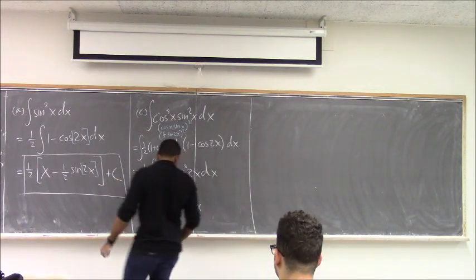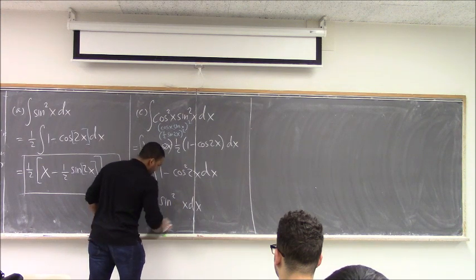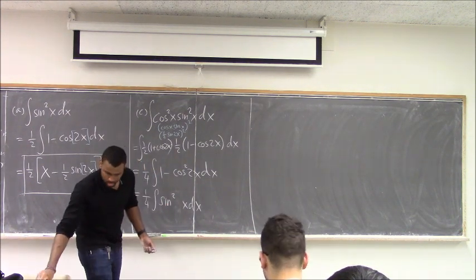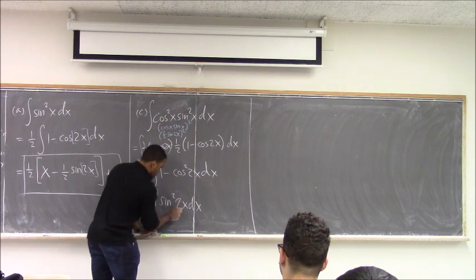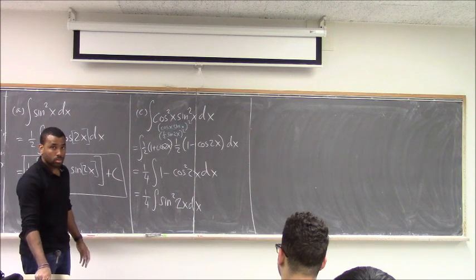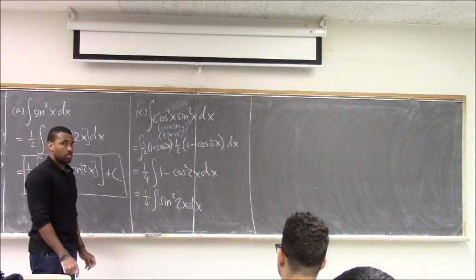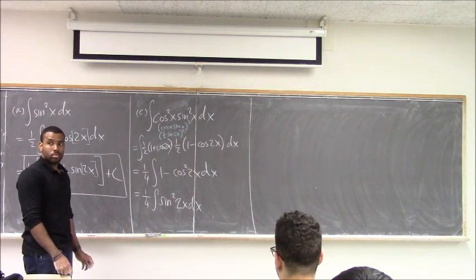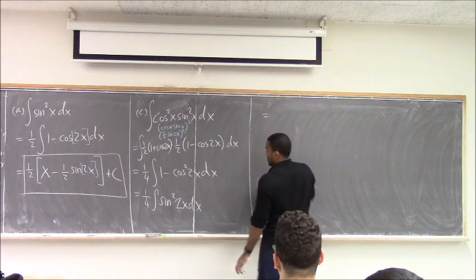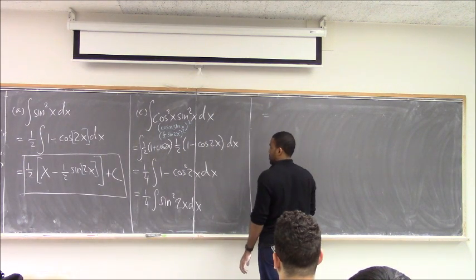How do you deal with the sine squared of 2x? You could rewrite it again in terms of 2x, as half times 1 minus cosine 4x.